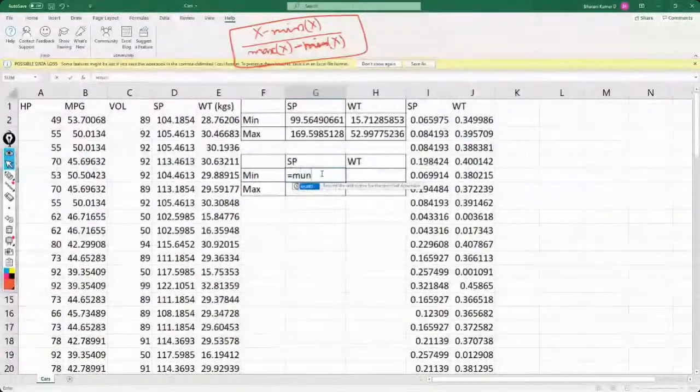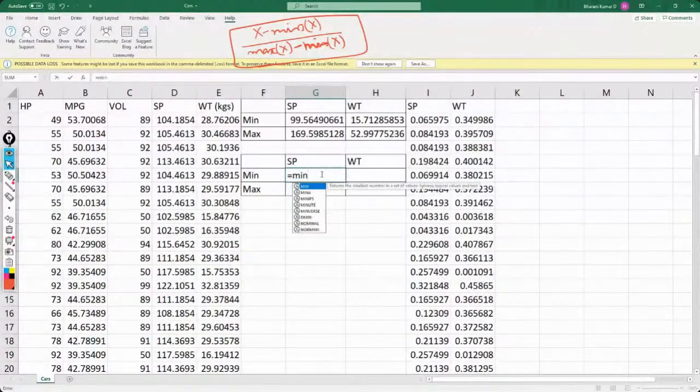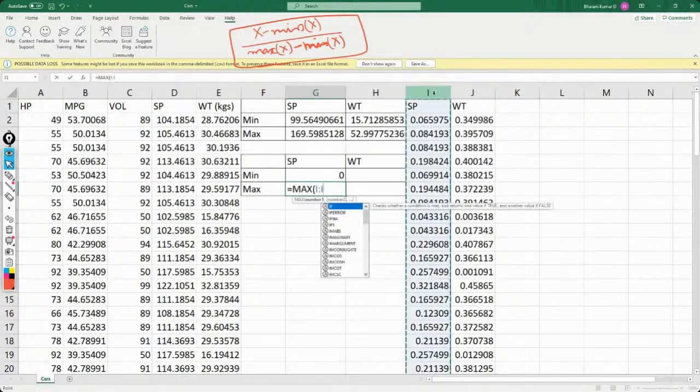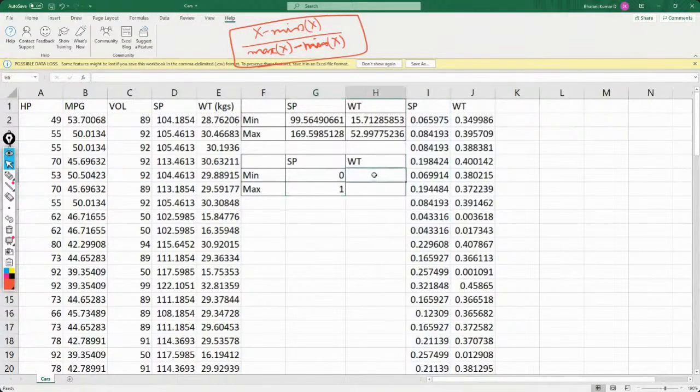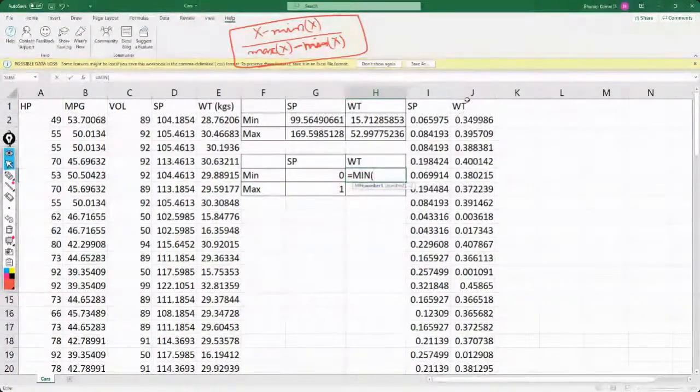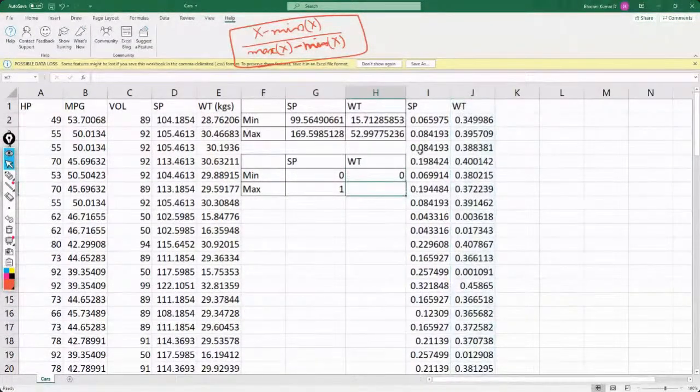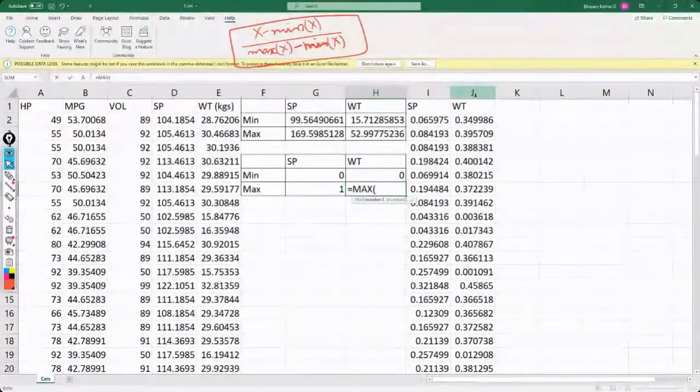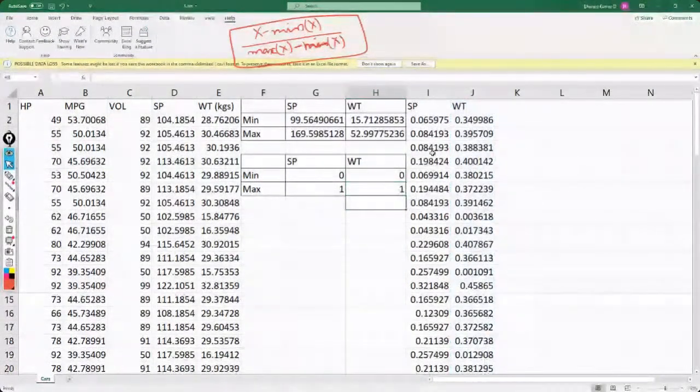Now, if you calculate the minimum value, you will get 0, and maximum value will be 1. For weight also, the minimum value would be 0 and maximum value would be 1.